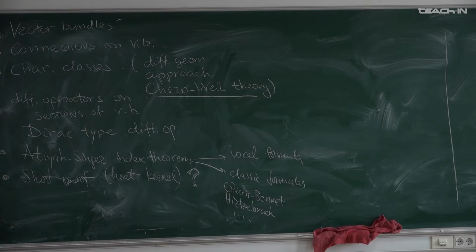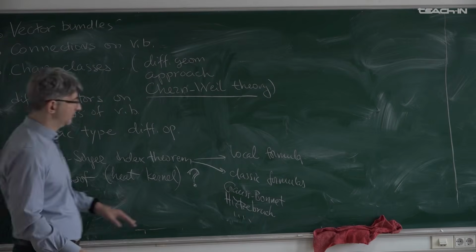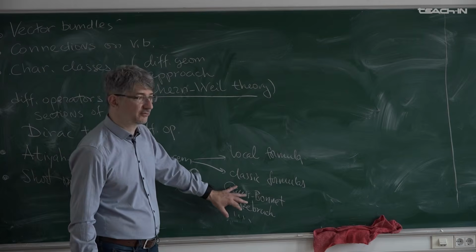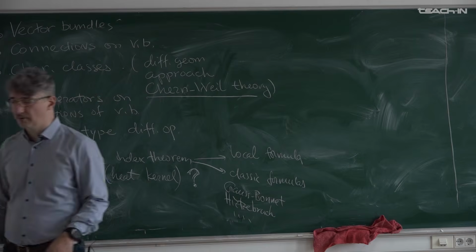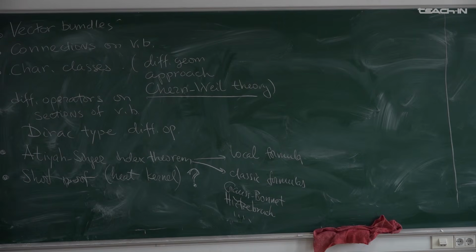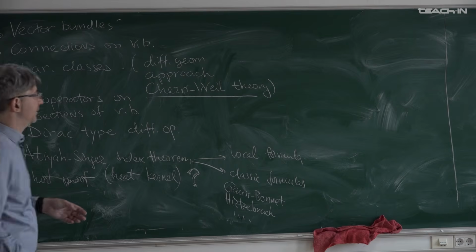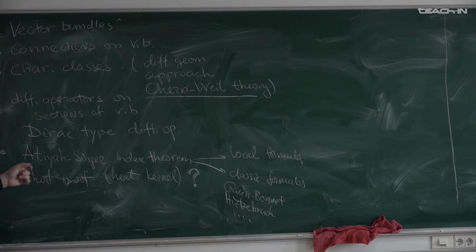This is a very important thing from the point of view of differential geometry, because manifolds usually have some specific characteristics. For example, they have Euler characteristic, signature, A-hat genus, and some other numbers. And all these numbers can be calculated by application of the Atiyah-Singer theorem to some very specific operator.